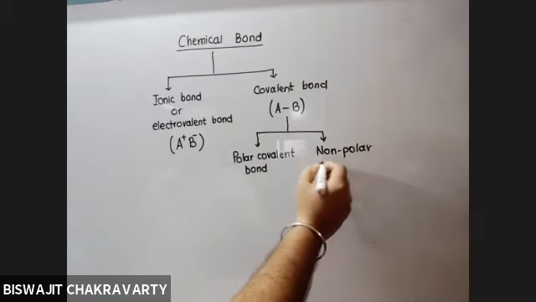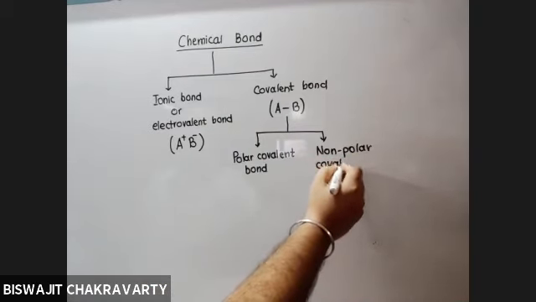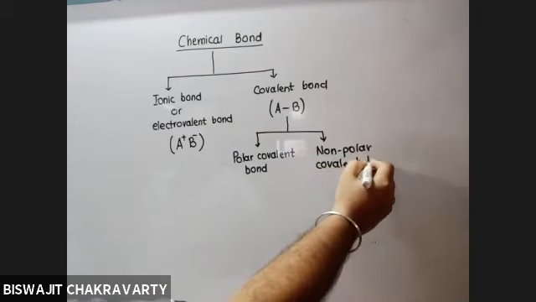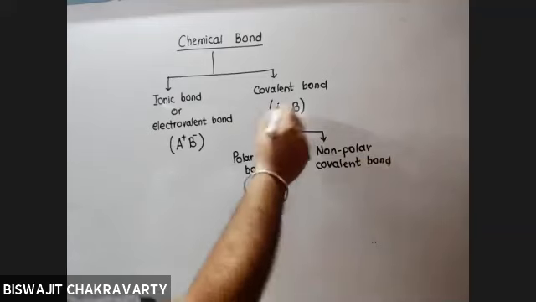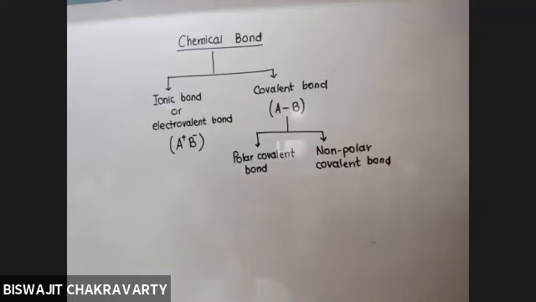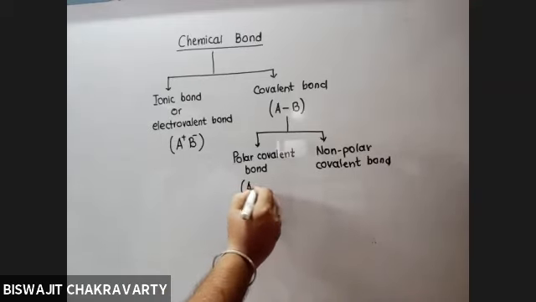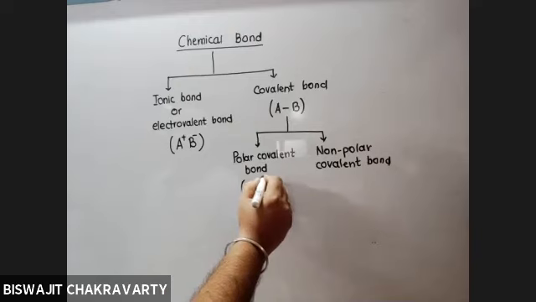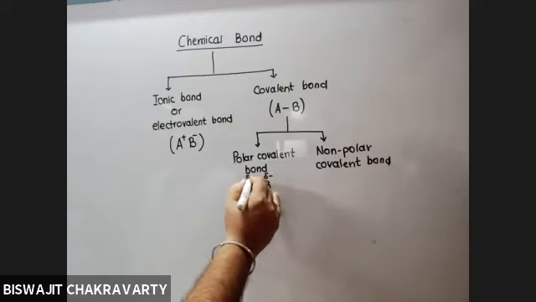This also we have discussed while discussing the electronegativity topic. So when will this bond be called a polar covalent bond? It will be called a polar covalent bond if there is some difference of electronegativity less than 1.7, as a result of which a partial negative and partial positive charge is developed.